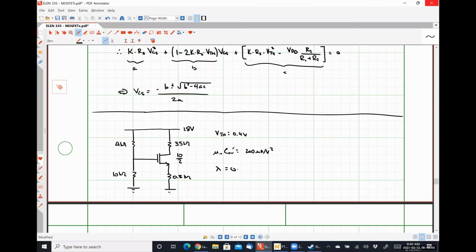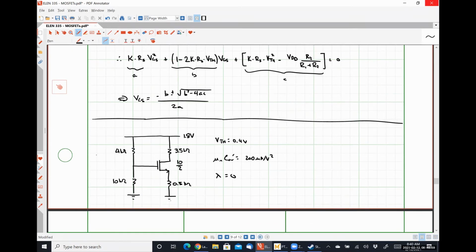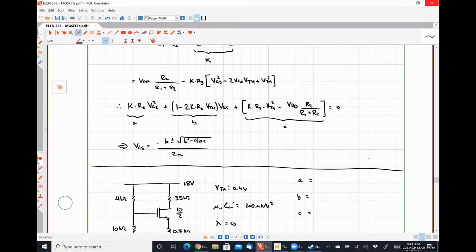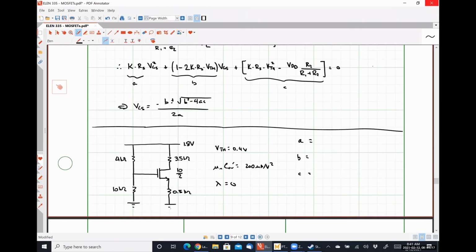So these are our parameters. What I would like you guys to do is take a moment and tell me what A, B, and C are. Right? I think you have enough information. Remember, K is 1/2 mu n Cox times W over L.